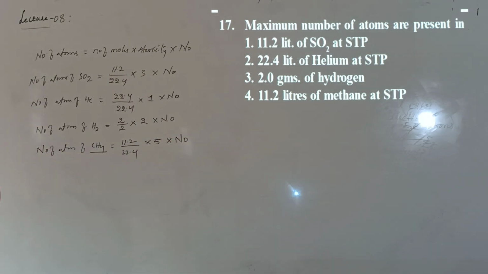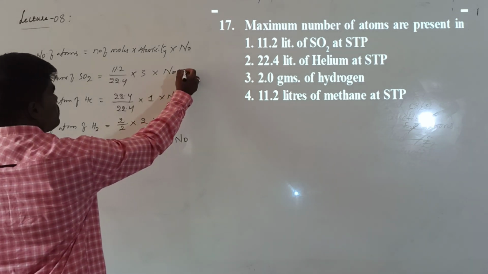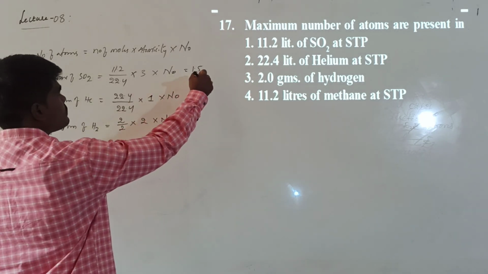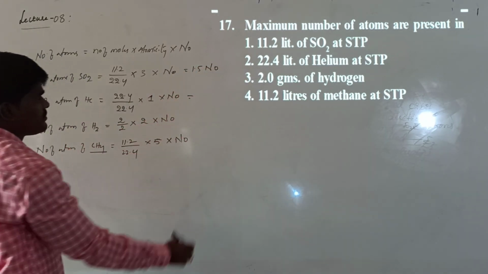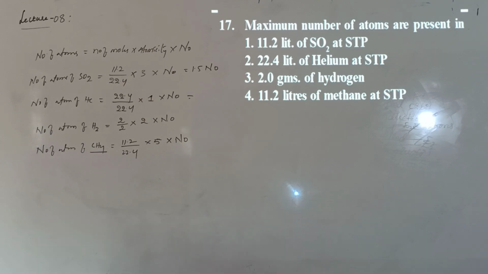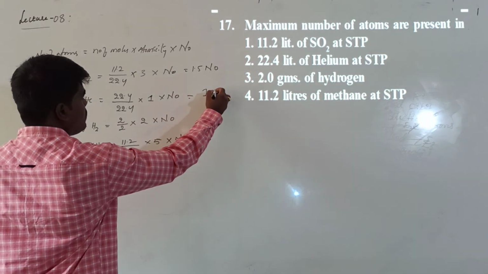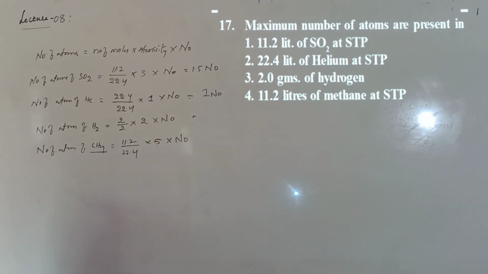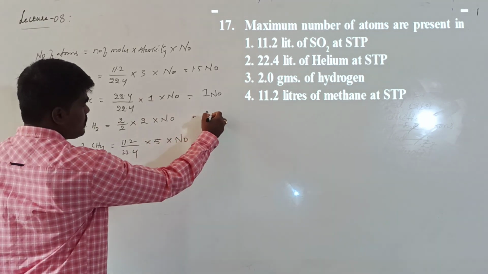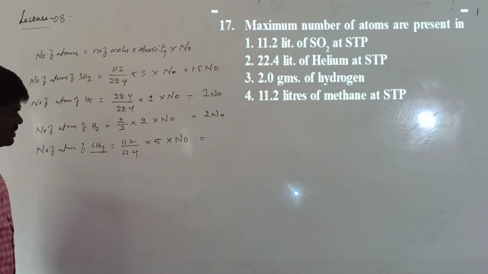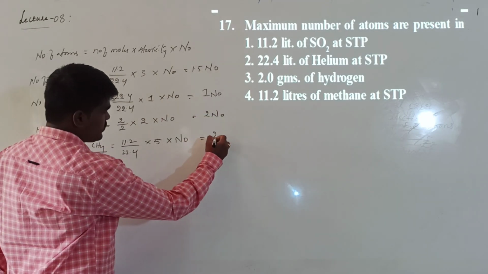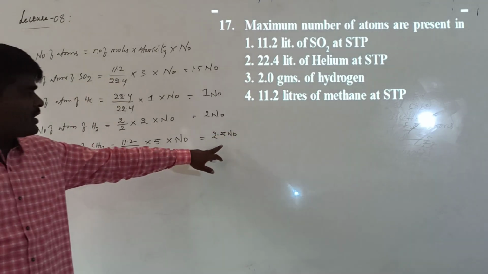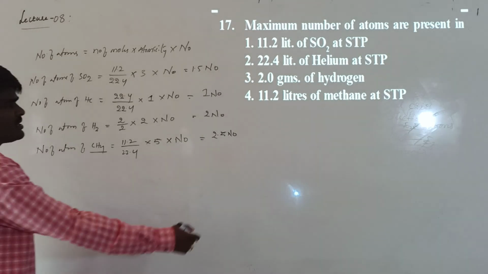This comes to be equal to 1.5 moles, then 1 mole, then 2 moles, and it comes to be equal to 2.5 moles. Right? 2.5 into Avogadro number. So the maximum number of atoms are present in 11.2 liters of methane.